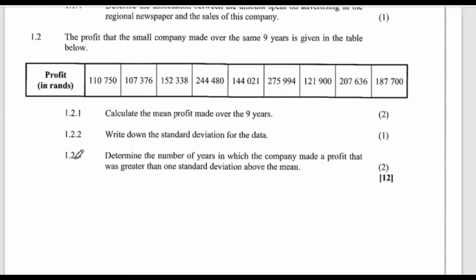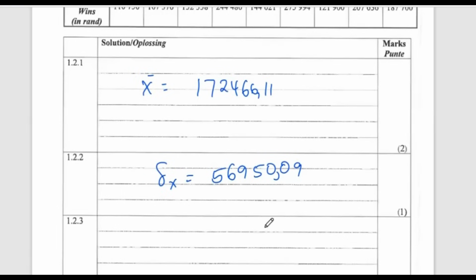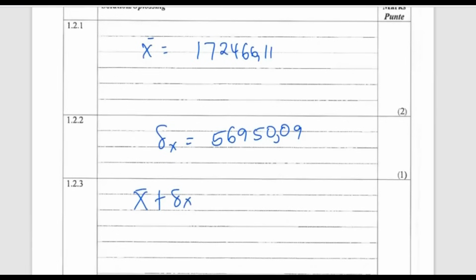Then 1.2.3, they want us to determine the number of years in which the company made a profit that was greater than 1 standard deviation above the mean. When they talk of 1 standard deviation above the mean, it's the same as getting the mean plus 1 standard deviation. Now we know that our mean is 172466.11. I'm going to add the 56950.09.